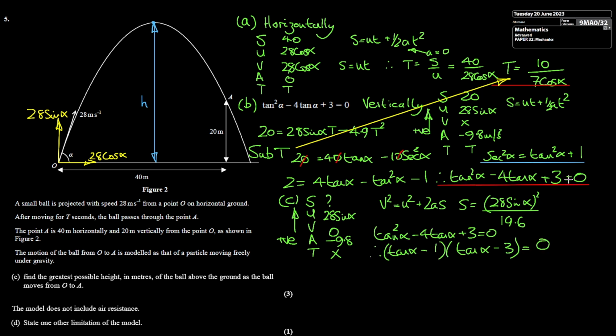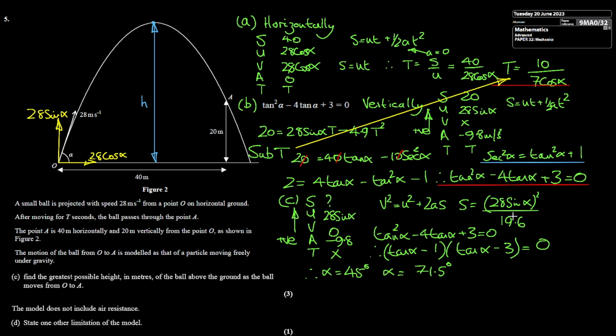And if you factorize the quadratic, you will get that tan alpha minus 1 multiplied by tan alpha minus 3 equals 0. Solving these two possibilities, I get that alpha is equal to 45 degrees and alpha is equal to 71.5 degrees.